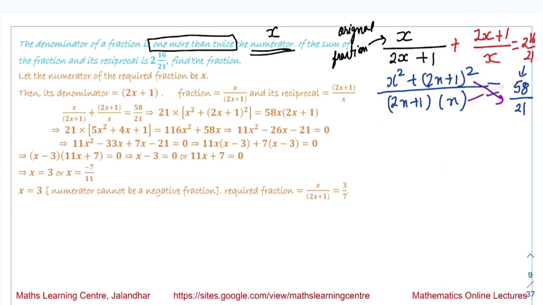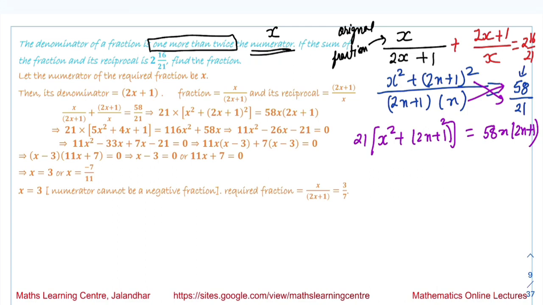Next step, we have to cross multiply these two terms. So we get 21 into (x squared plus (2x plus 1) whole squared), that is equal to 58x into (2x plus 1).